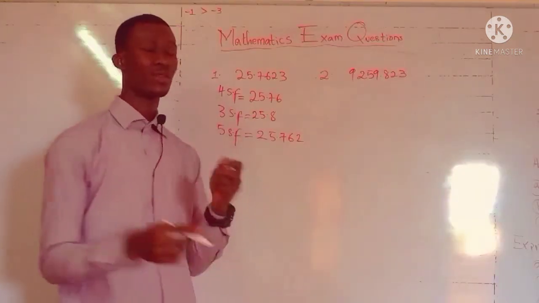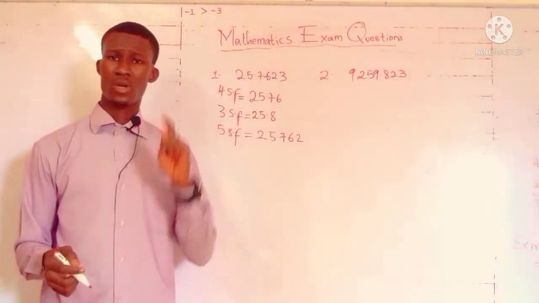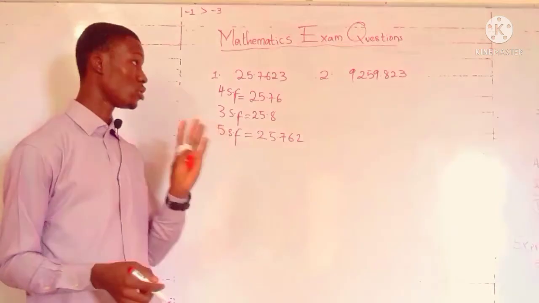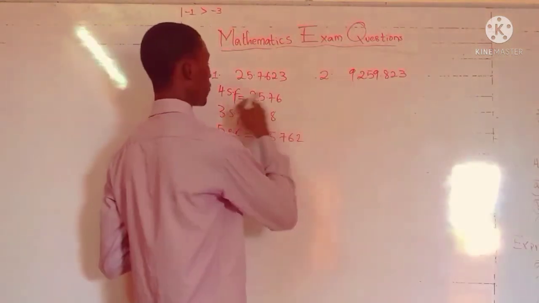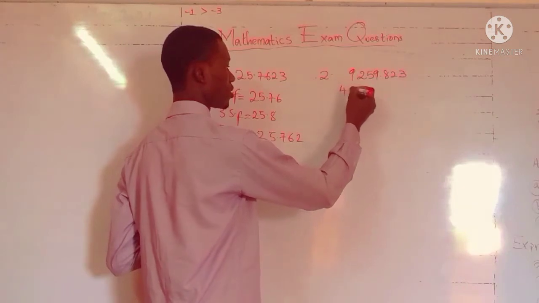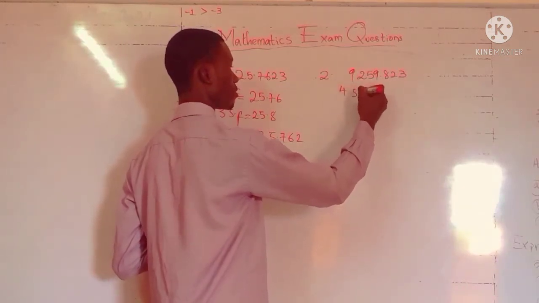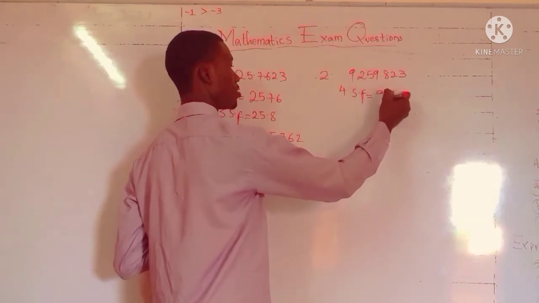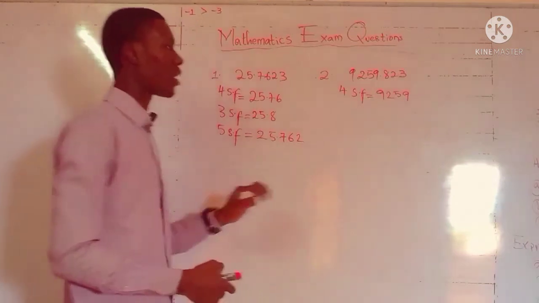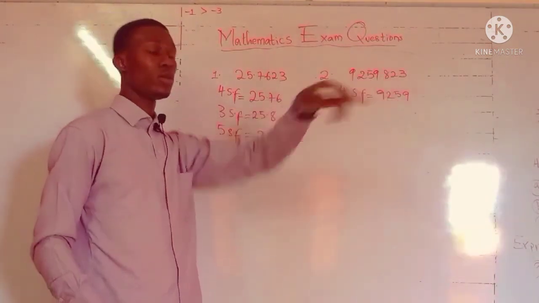Just follow exactly the same thing I have explained in this. We have to locate the very first 4 digits. So the first 4 digits are 9259. So 4 significant figures is what? 9259. But now there is a slight problem in the sense that the next number after 9 is 8.